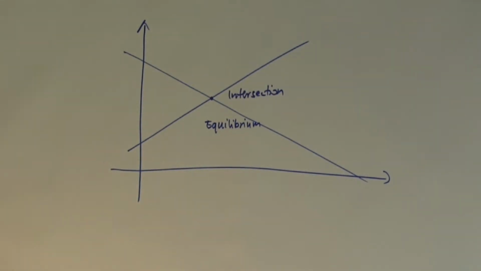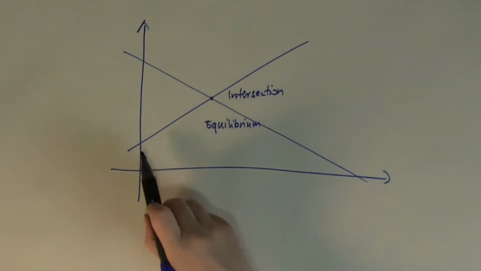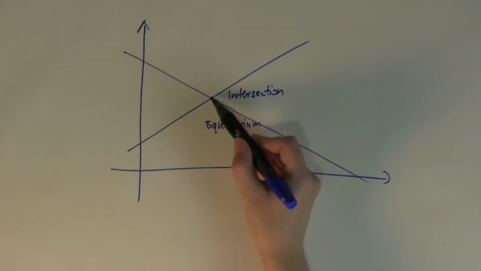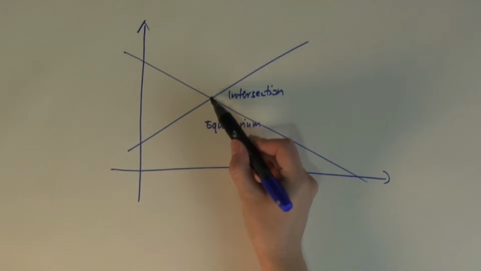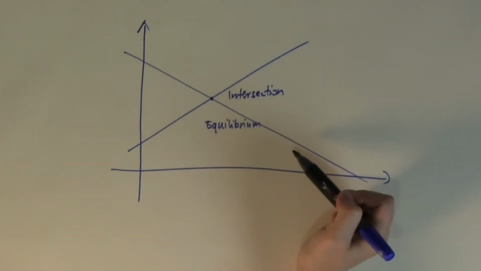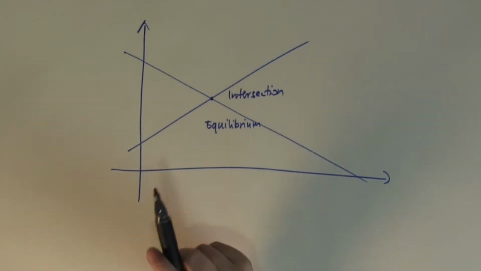What's important about this particular point is that this point satisfies both of the lines because it lies exactly on both of them. So this is an important point because this is where supply meets demand in a supply-demand analysis.